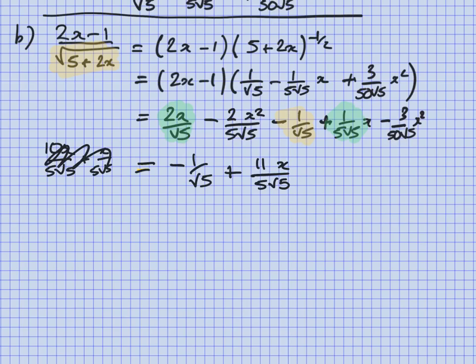And finally, we want to do the terms in x squared, and adding those together, do the same process. So make them have a common denominator, and it gets me 20 and 3, so I get minus 23x squared over 50 root 5.